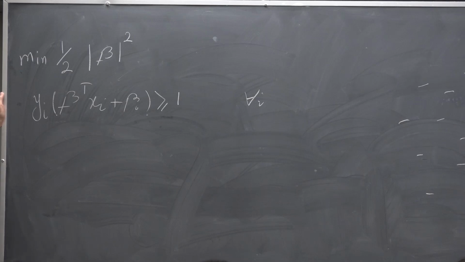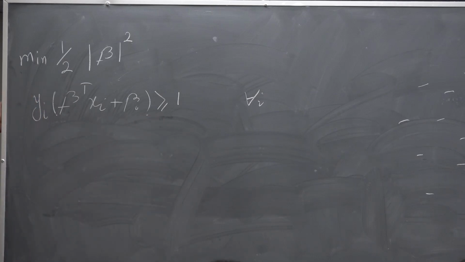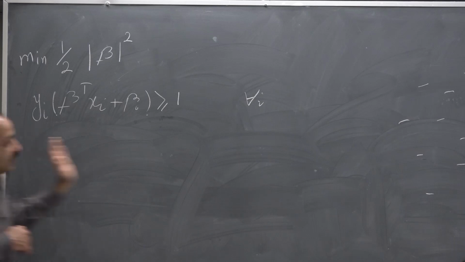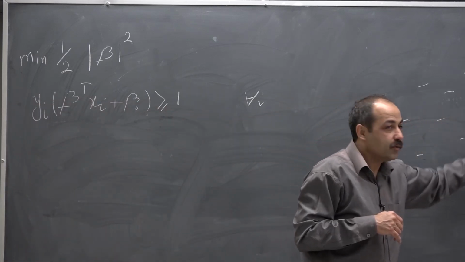I have to take care of those points that violate the margin or violate the decision boundary. So how can I change this constraint to take care of those points that plan to violate my constraint? They're not more than 1. They could be here.